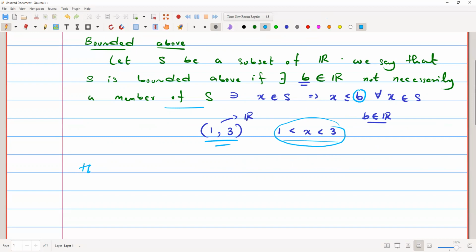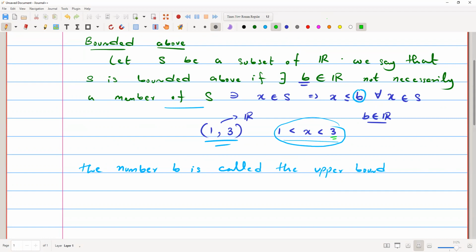So the number B is called the upper bound. We can see here that in this set, this 3 is not included in the set.